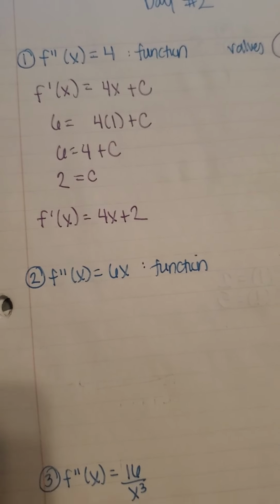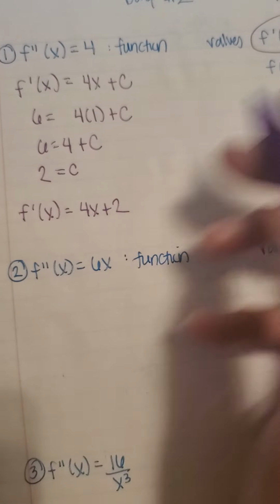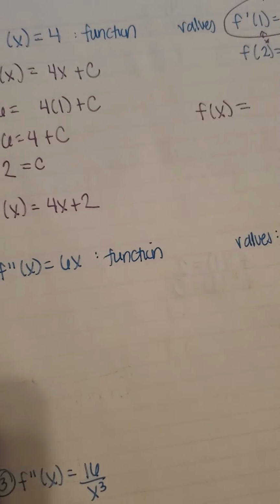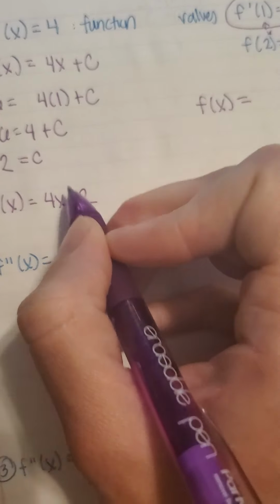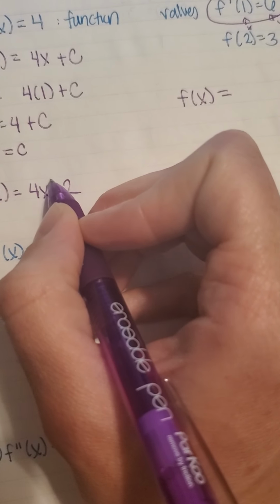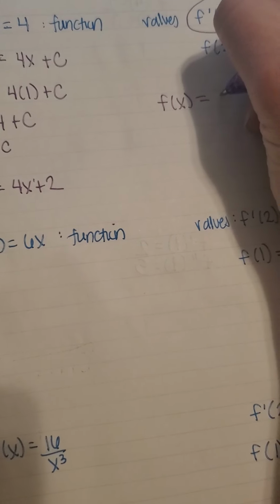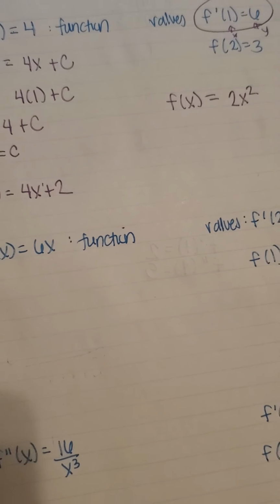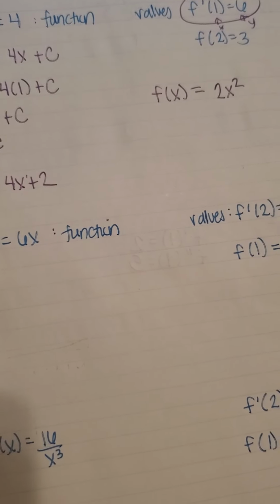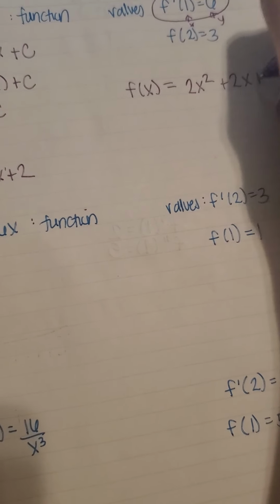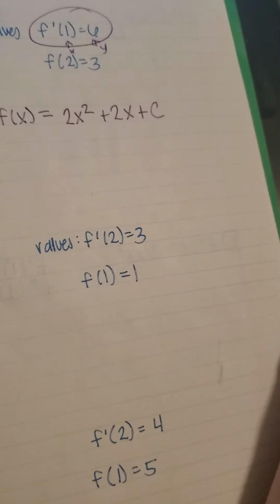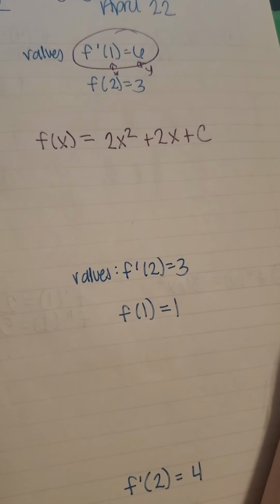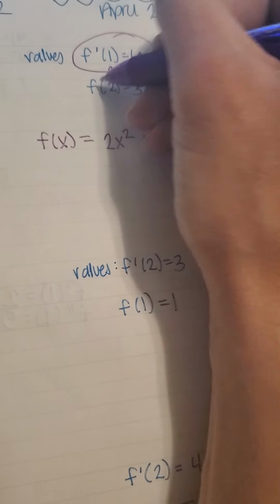Then from there, if I want my original function, well, it's going to be f of x equals, use my power rule. If I add 1 there, that's going to make that 2, and then 4 divided by 2, or 4 times 1/2, that's going to make that 2x squared, and then plus 2x plus c. And then again, go back and look at what's going on in my original function. Notice there's no tick mark there.